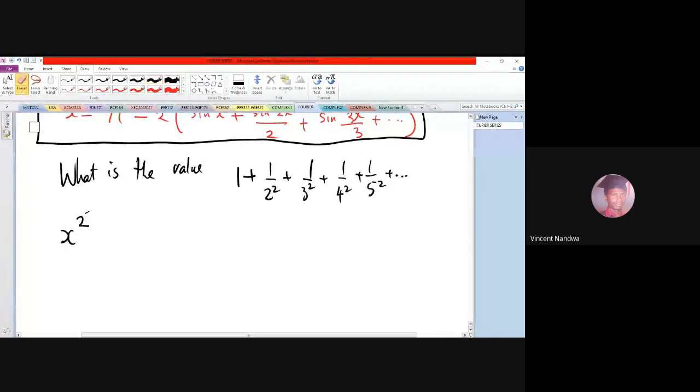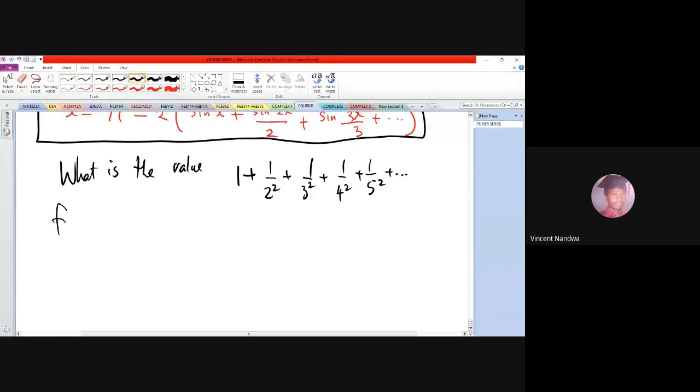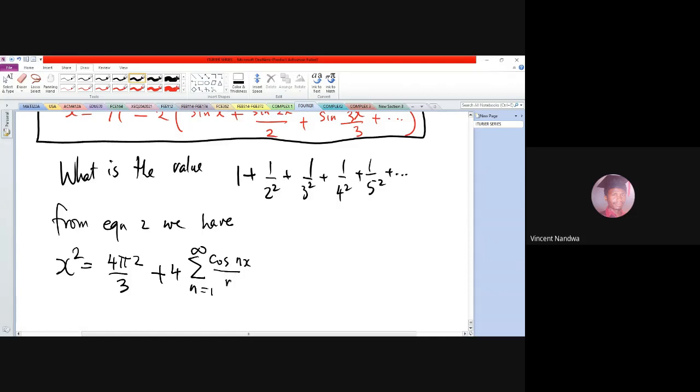So from equation 2, we have that x squared was the same as 4 pi squared over 3, plus 4 summation n from 1 to infinity of cos nx over n squared, minus 4 pi summation n from 1 to infinity of sine of nx over n. So this is from 4.